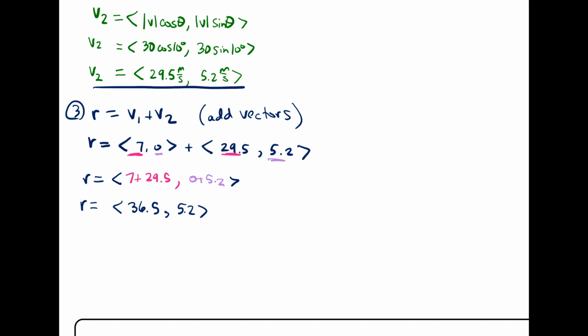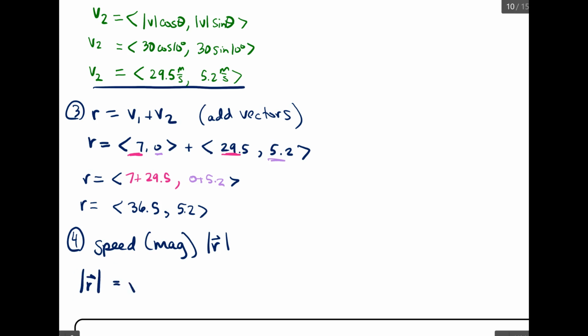Okay, so now let's find the magnitude. You have to find the hypotenuse? Yeah, so to find the speed, aka the magnitude, the absolute magnitude of r is going to be the square root of 36.5 squared plus 5.2 squared.